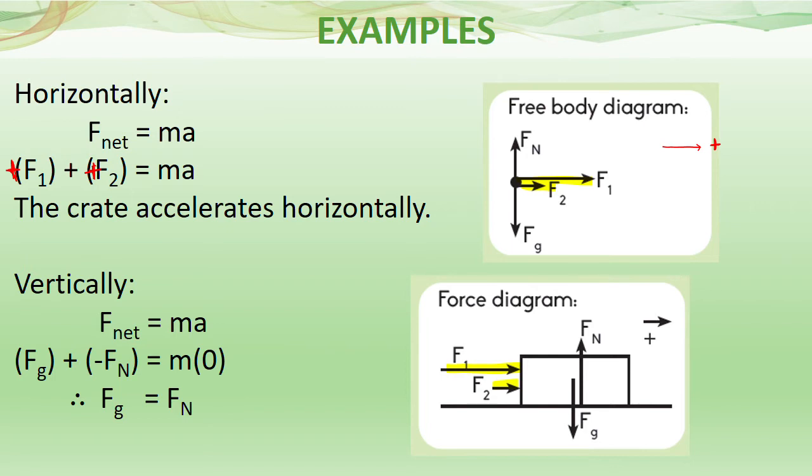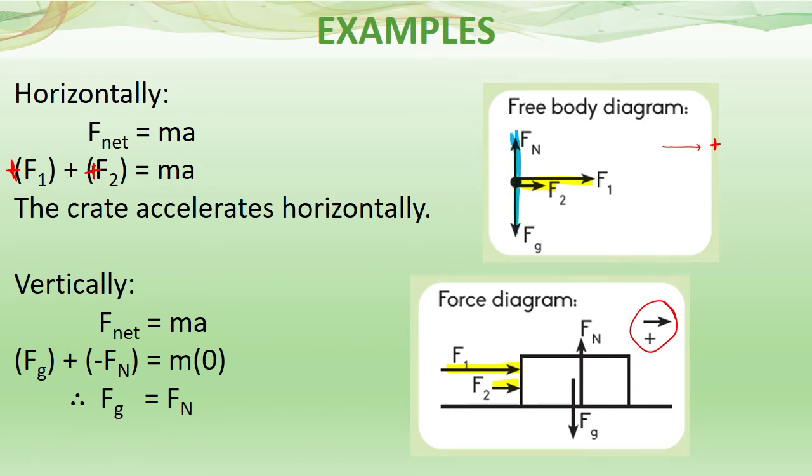Met ander woorde, dis twee mense wat saam aan 'n krat stoot, so the sum of their two forces will be the net force. Okay, en as ons die groottes van daai geweet het, kon ons sê nou maar nou die versnelling gaan uitwerk. But when we're looking vertically, this box is moving to the right, which we chose as positive. It's just moving to the right. So that means that these two forces have to cancel out one another.